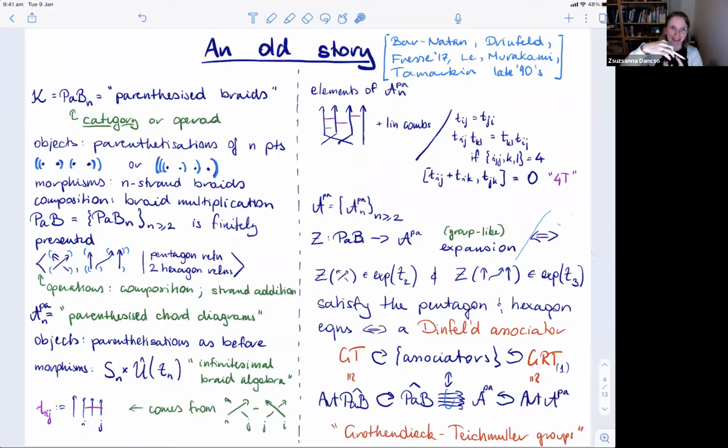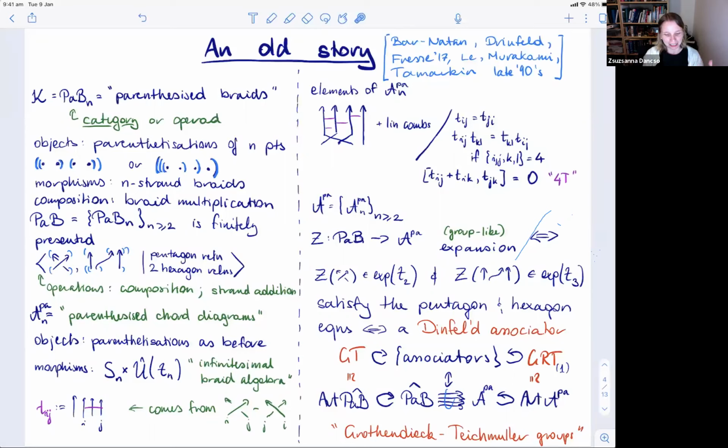So in terms of a picture, you have an n-strand braid just like here or here. And then at the bottom and the top, you have a parenthesization of the points, of the ends. And then you can combine all of these parenthesized braid categories by just taking their disjoint union.